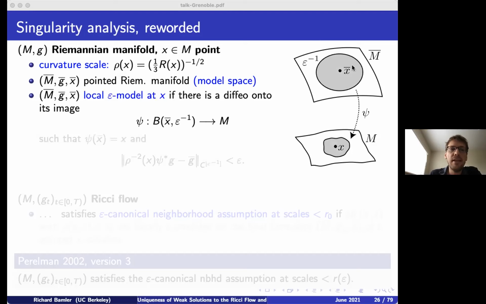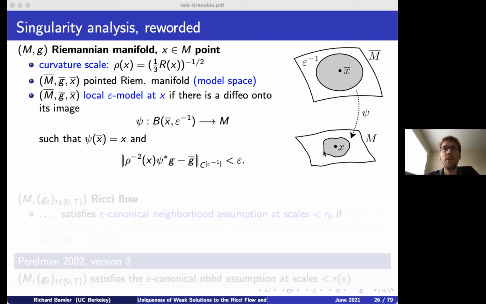And I'm going to say that M bar, g bar, X bar is a local epsilon model at X if there's a diffeomorphism from a large ball of radius 1/epsilon around X bar onto its image in M, such that the image of X bar is equal to X, and such that if we pull back the metric on M to M bar and rescale by rho to the -2, so we normalize the curvature scale to be 1, then the pullback of this metric is close to g bar in some large C^k norm.